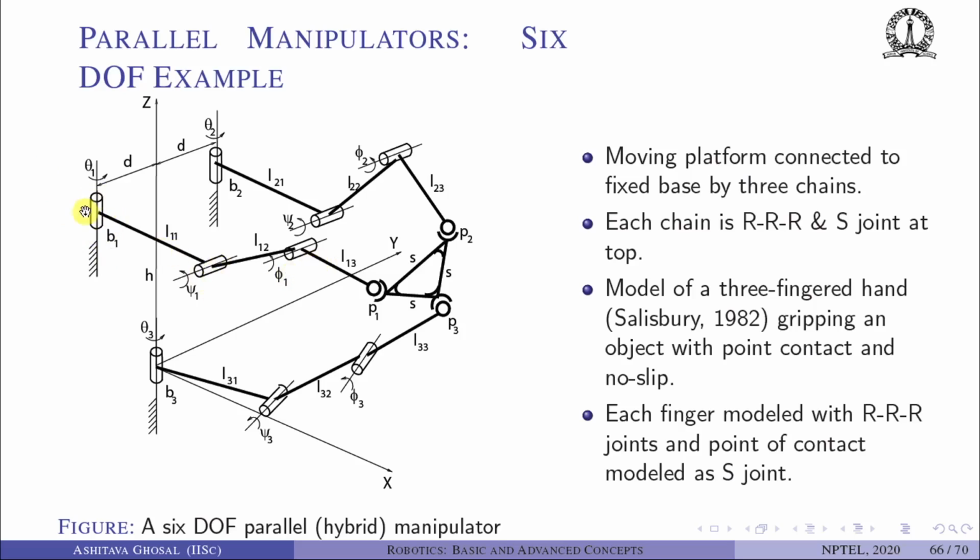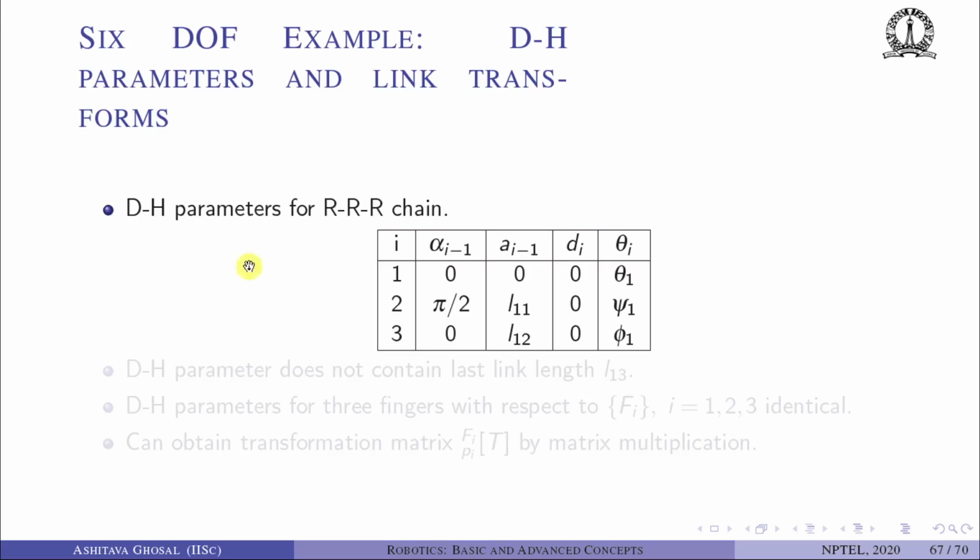The first rotary joint is along the Z, the second rotary joint is perpendicular to the first, and the third rotary joint is parallel to the second. So the DH table here, the first row is 0, 0, 0, theta 1, because this is the convention for the first link. The second rotary joint is rotated 90 degrees with respect to the first, and hence you have pi by 2. And then you have these 2 link lengths, L11 and L12.